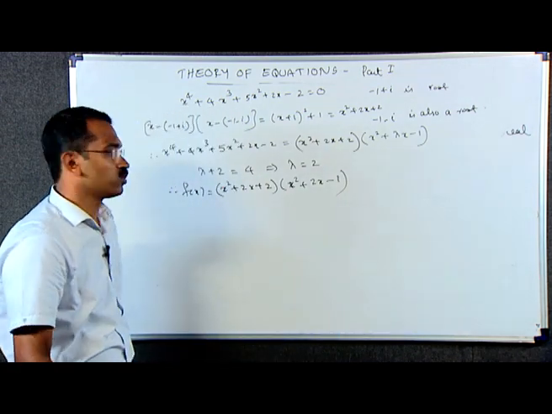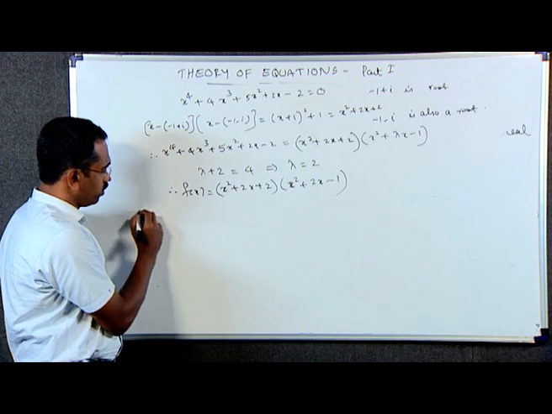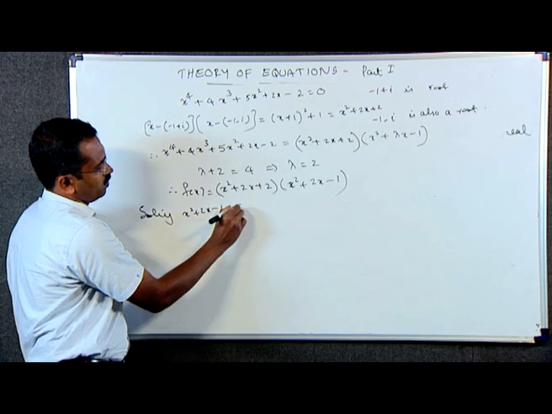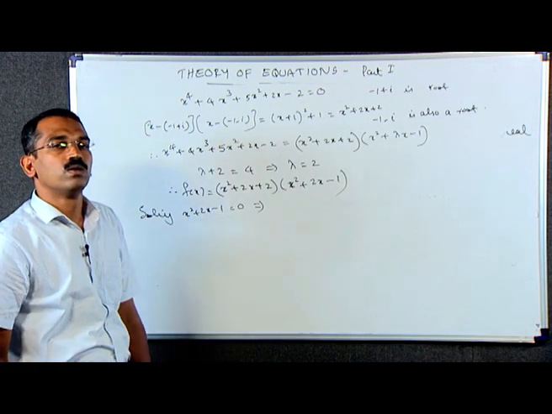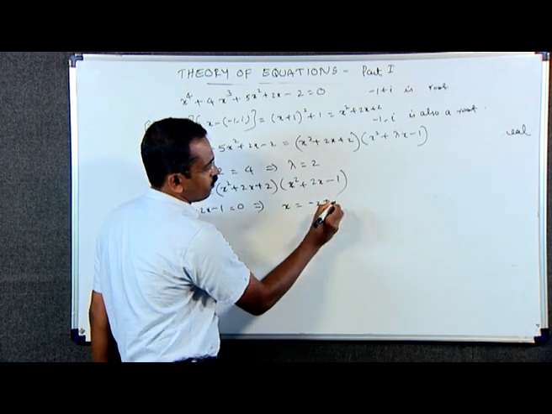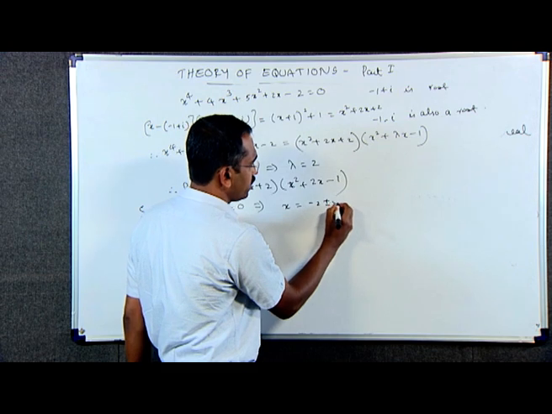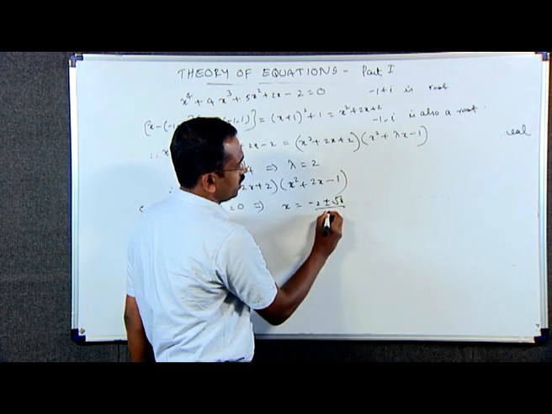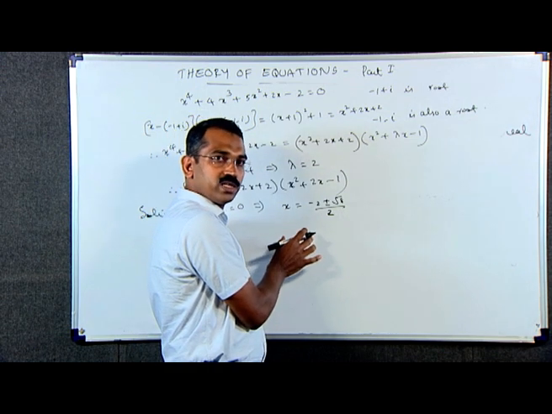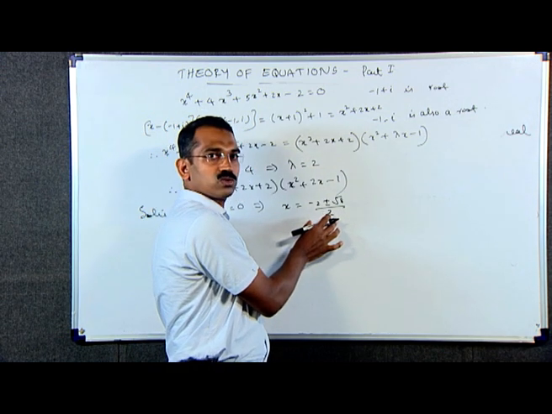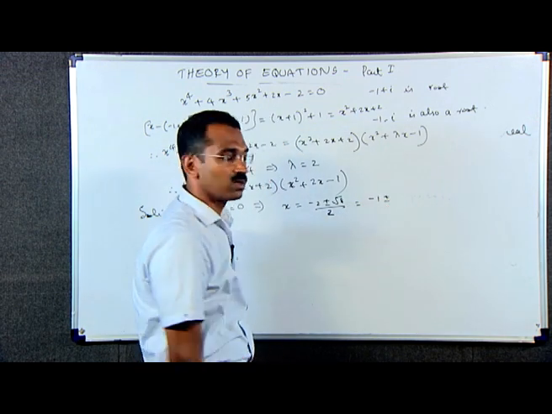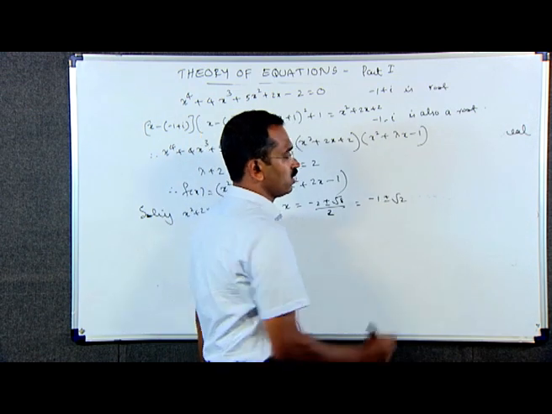Solving x² + 2x − 1 = 0, by the quadratic formula we obtain x = (−2 ± √8)/2, which is equal to −1 ± √2, because √8 is 2√2.